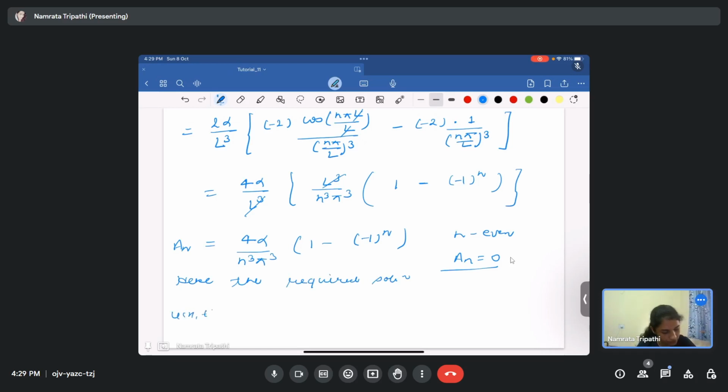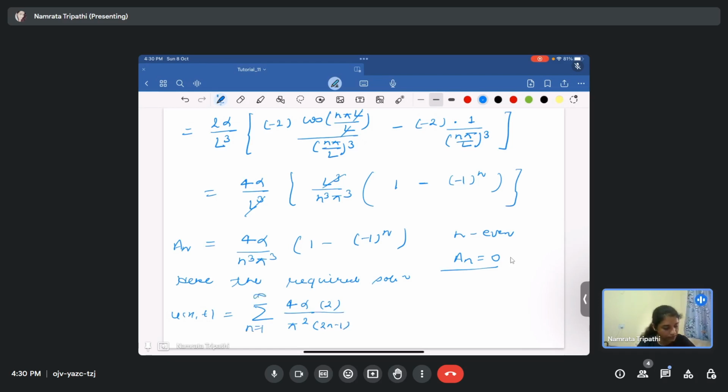So the required solution: an is 4 alpha, when n is odd this will become 2. Fine. Pi square, n is, we can write 2n minus 1 for odd terms.